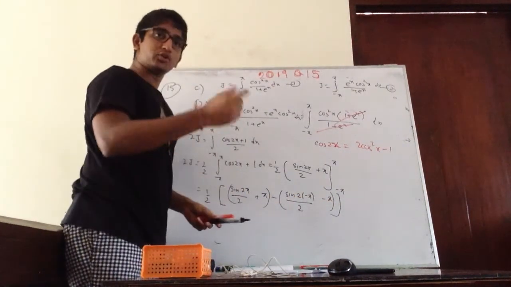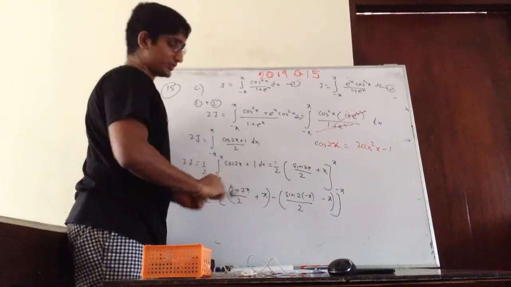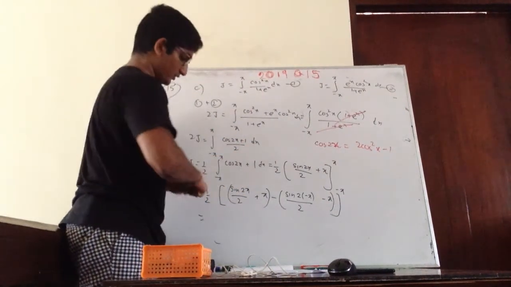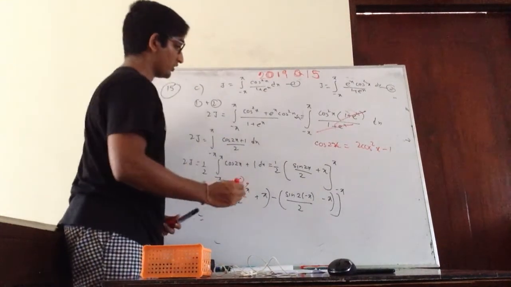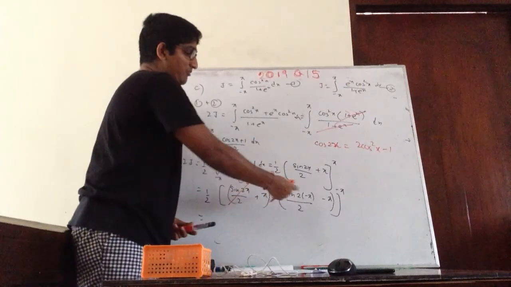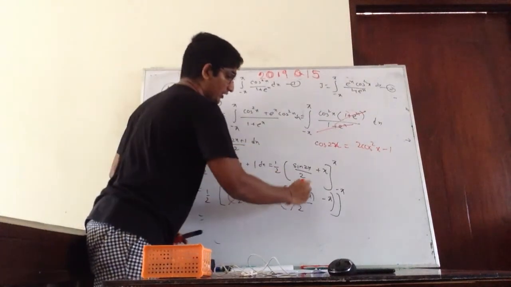So here sin 2π is 0, so this part is 0. Even here this is minus sin 2π, that is all 0.